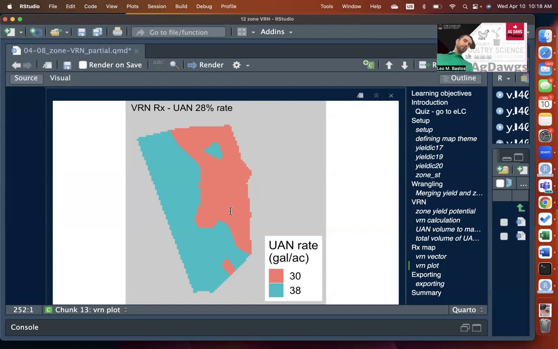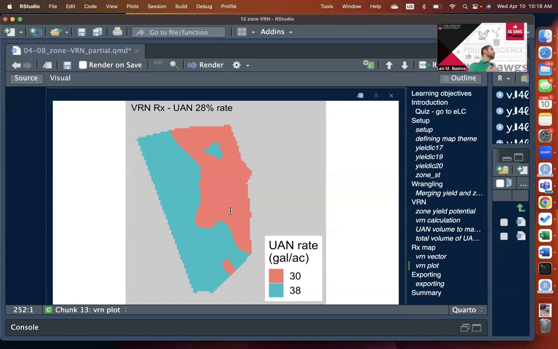So this process that we just went through, we used in terms of nitrogen. And when you think about it, nitrogen is one of the nutrients where the most important factor impacting the nitrogen rates is the yield goal.